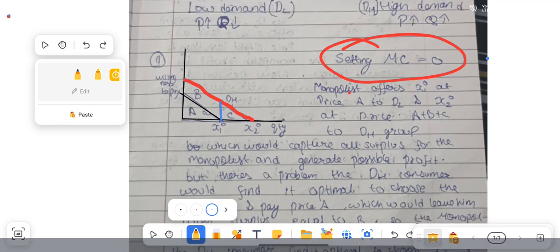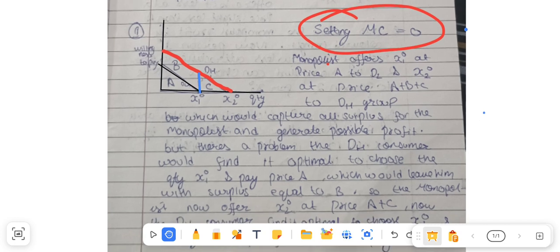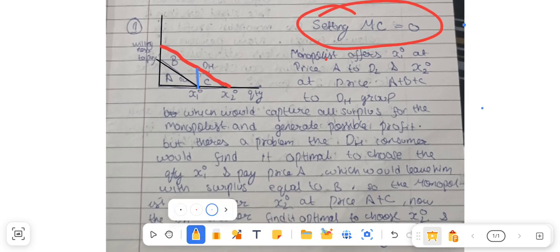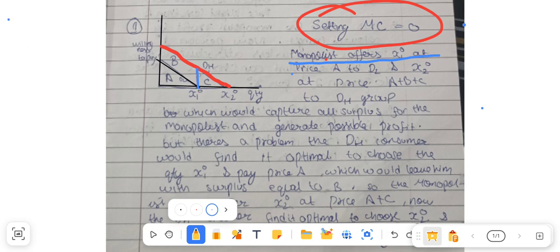Now let me explain this to you. What happens is that the monopolist offers quantity x1 at price A to the low demand group, which is DL, and quantity x2 at price A plus B plus C to the high demand group, which is DH.